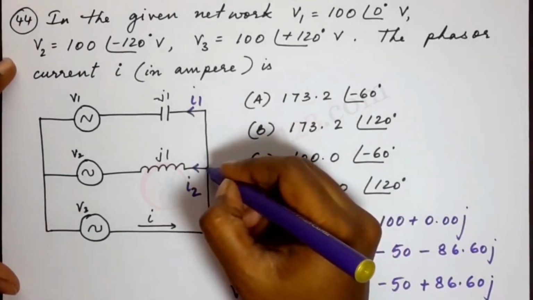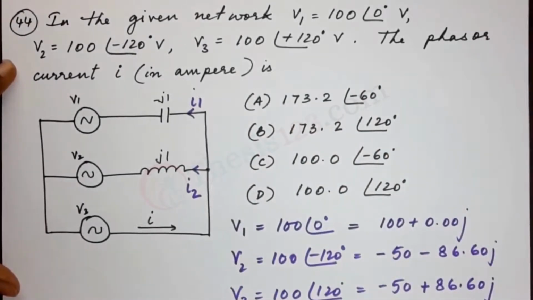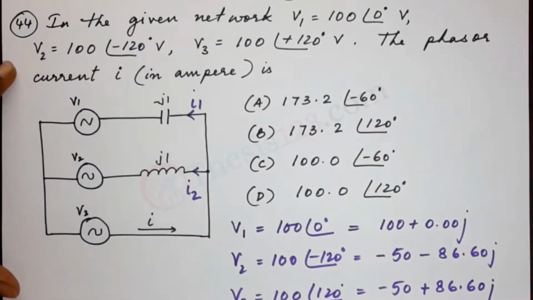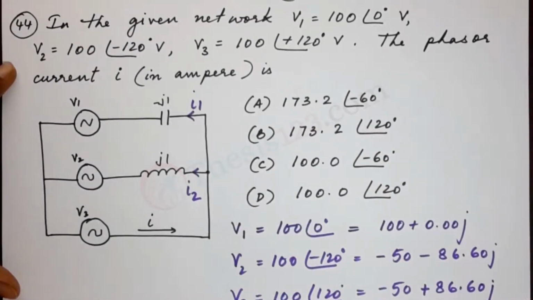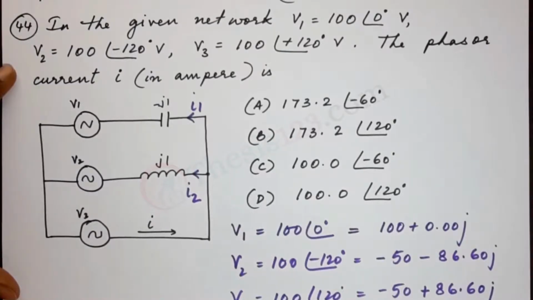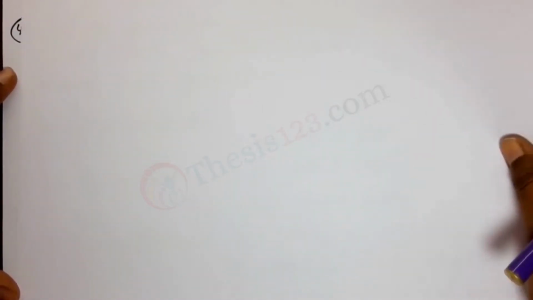If we use KCL, the sum of the incoming currents equals the sum of the outgoing currents. So let's first find the individual values of I1 and I2 and then add them up, which will give us the value of I. We'll begin by writing down the value of I1.